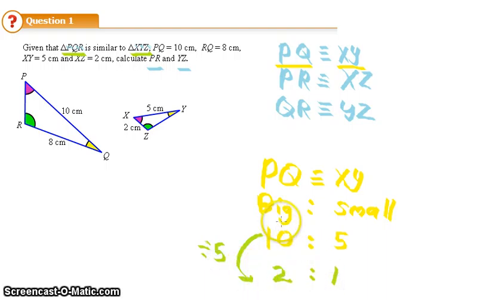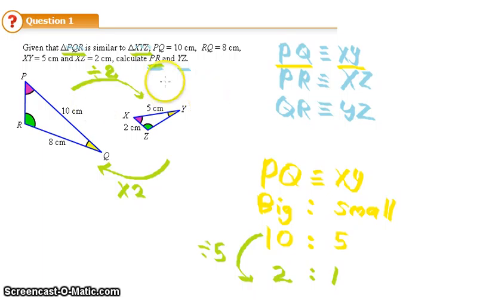In other words, the bigger triangle is 2 times bigger than the smaller triangle. So from here we can infer the scale: whatever goes here from small to big, you need to times 2. Whatever goes from big to small, you need to divide by 2. We want to find out what's PR.